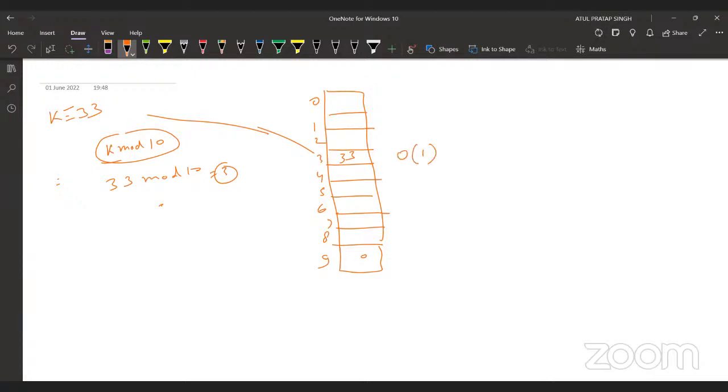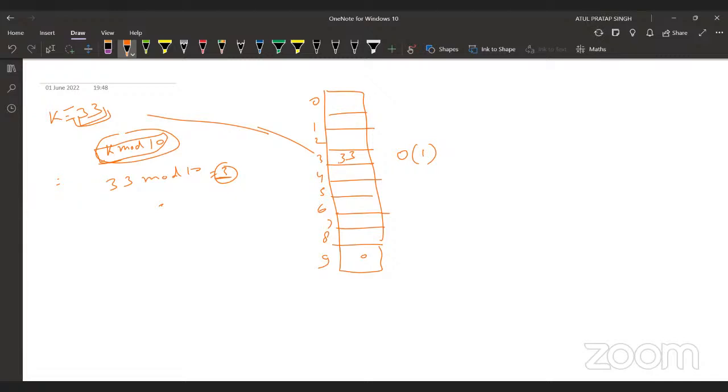Same thing we can use in the searching operation. At searching time, if we are finding where 33 is, we can directly apply this hash function, which will return the same value 3 for this data 33, and we can directly access index 3 in our memory.